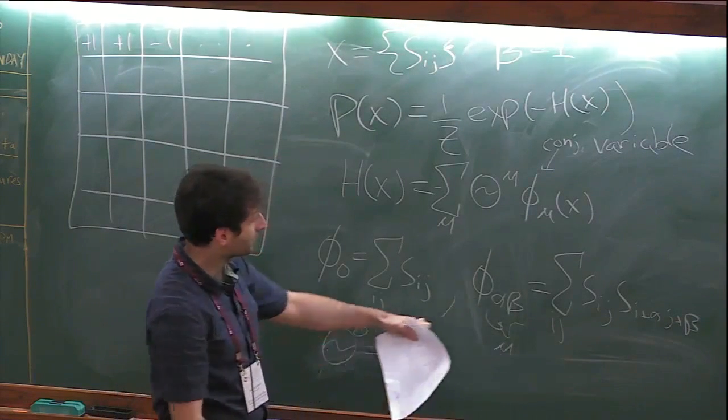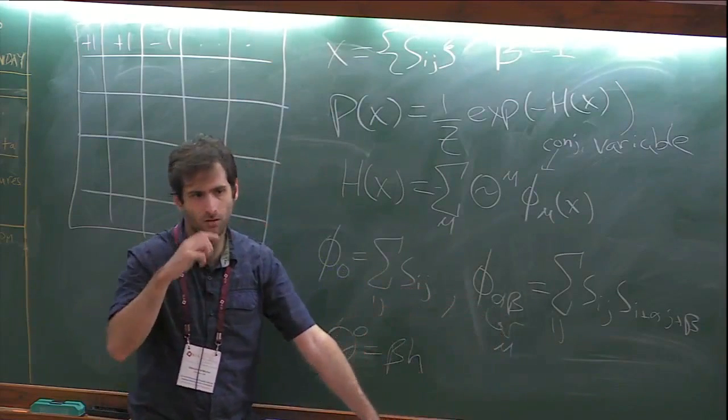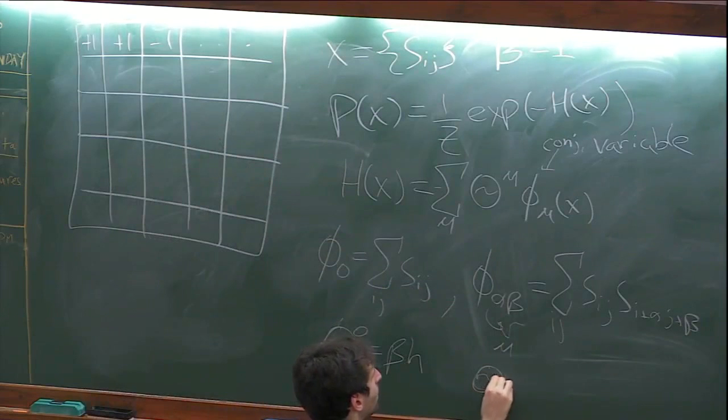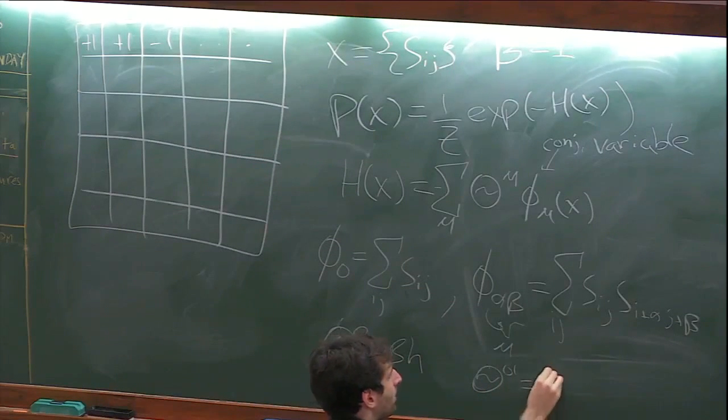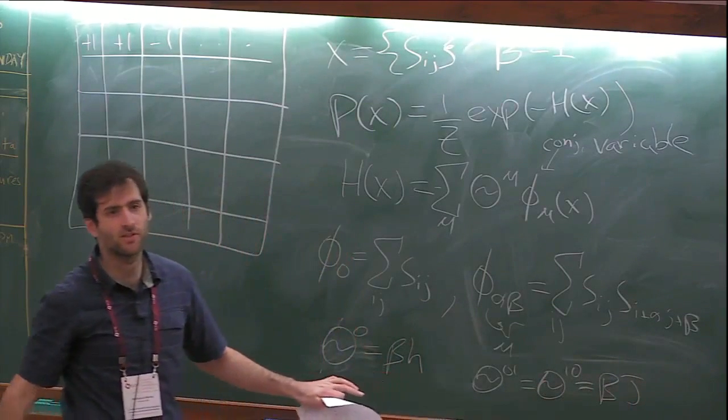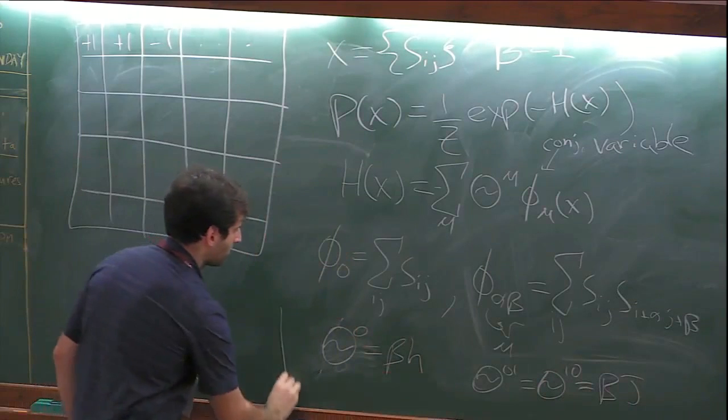And what do I want to do for the theta alpha betas? So theta 0,1 equals theta 1,0 equals beta J. And all the other ones are going to be 0. So this is the usual Ising.